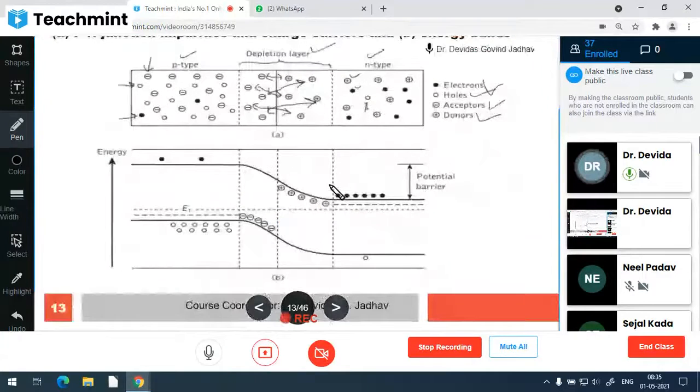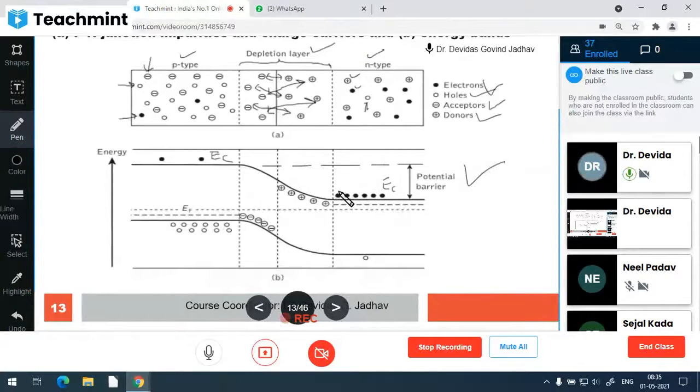Okay. So if you consider the energy band diagram, the energy band condition will be like this, as shown. The conduction energy levels of both the N and P sides are at different levels, and this difference in conduction energy is called the potential barrier.